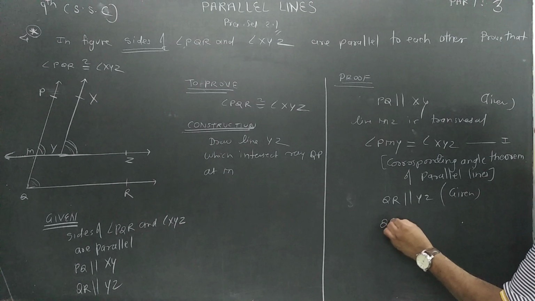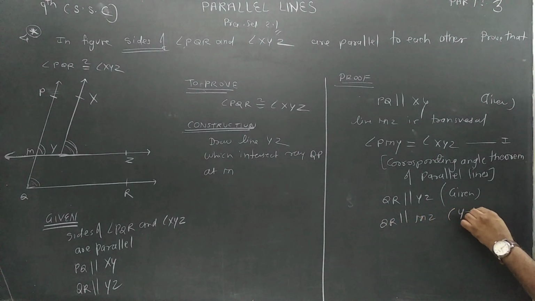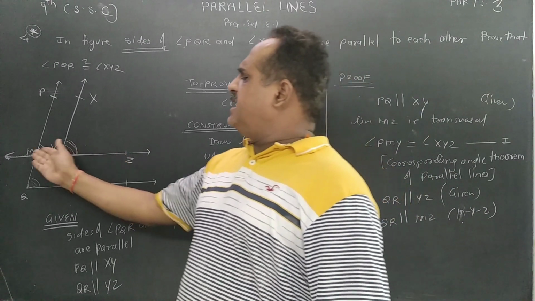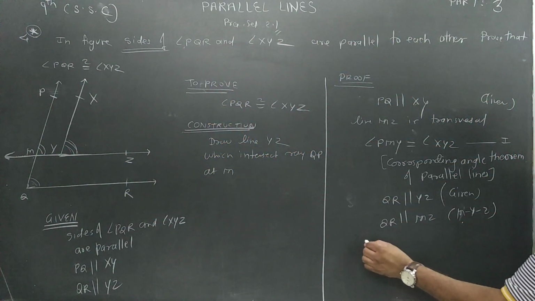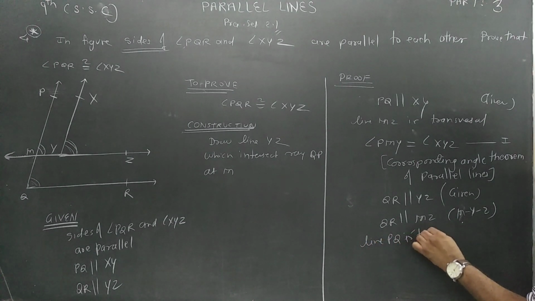QR is parallel to MZ because M, Y, Z are collinear points, meaning they are the same line. Either consider YZ or consider MZ. And which is the transversal you are going to take? Line PQ is transversal.